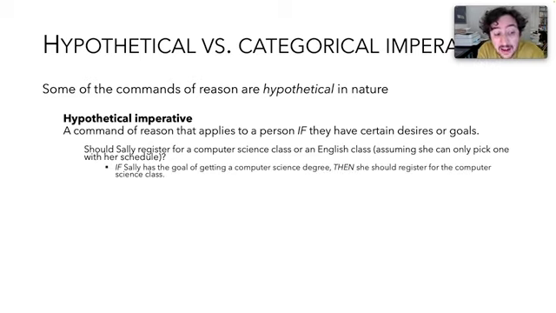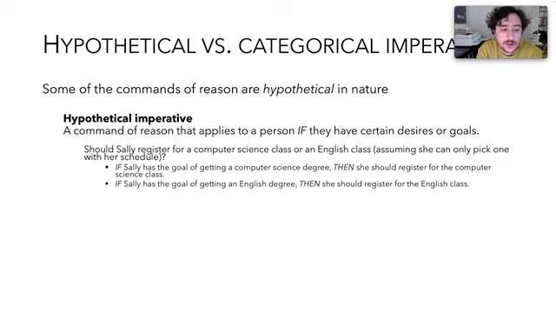Well, you might say, if Sally has the goal of getting a computer science degree, then she should register for the computer science class. But if she were to have different desires or different goals, like if Sally has the goal of getting an English degree, well, then she should register for the English class. So there's this command of rationality, of reason, that only applies to Sally if she has the relevant goal or desires.